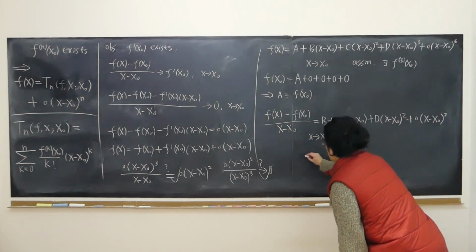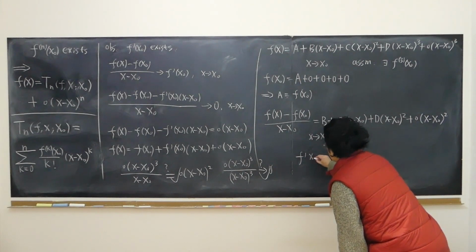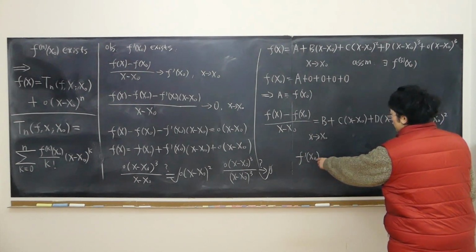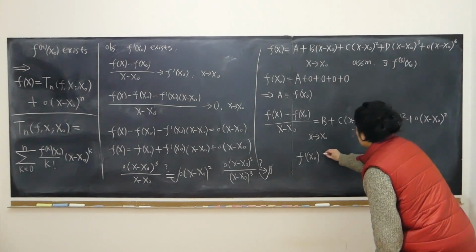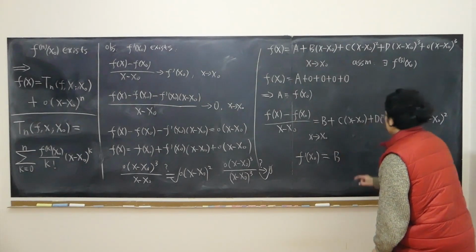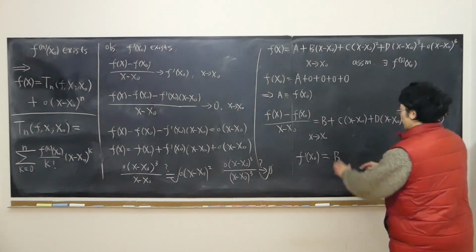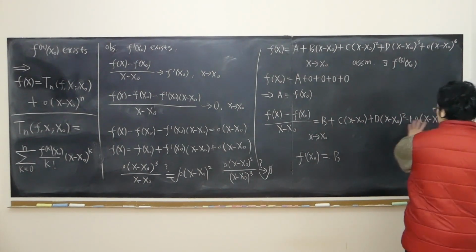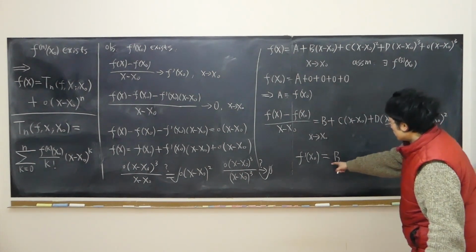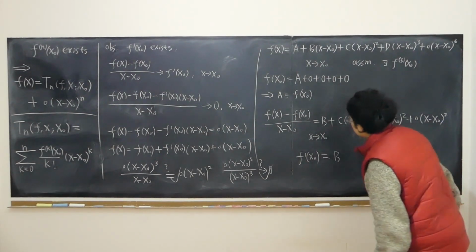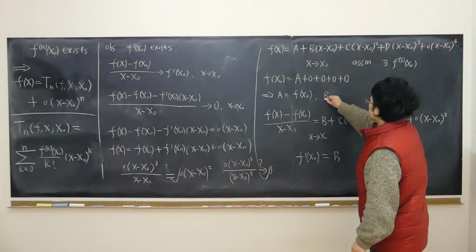So on the left-hand side, I have f dash of x naught, the first order derivative of f at the point x naught, equals, on the right-hand side, B, still a constant. As x approaches x naught, this term approaches 0, so do this term and this term; they all easily approach 0. So that means B is equal to the first order derivative at x naught. So I've solved for B.